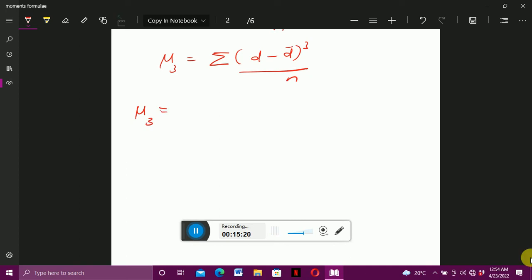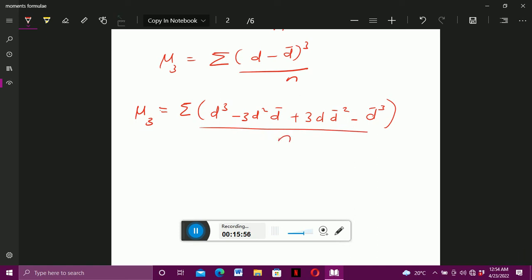Mu 3 is the sum, we have the sum outside, of d cubed minus 3d squared d bar plus 3d d bar squared minus d bar cubed, and we have brackets, or that divided by n.